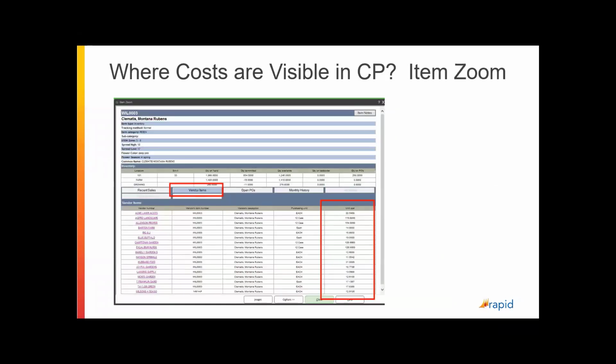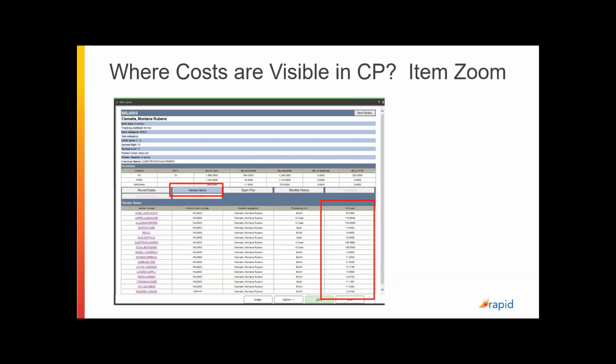Now, this is what I wanted to show you from beforehand. I love this screen. This is the item zoom for this particular item. On this screen, whenever you click on vendor items, I've got a bunch of different vendors here, and each of them has a different unit cost.